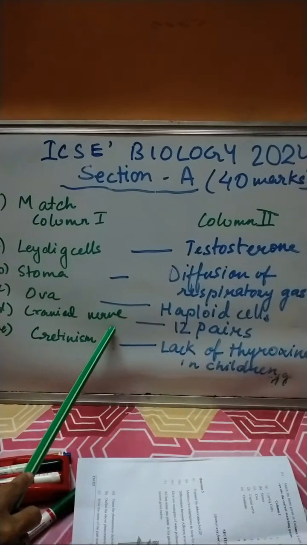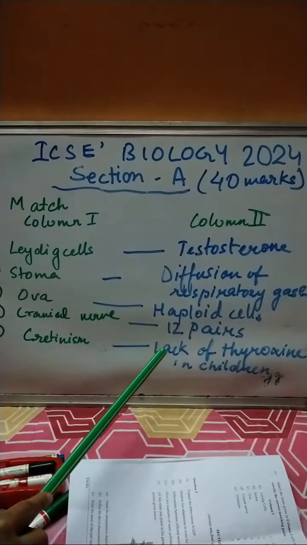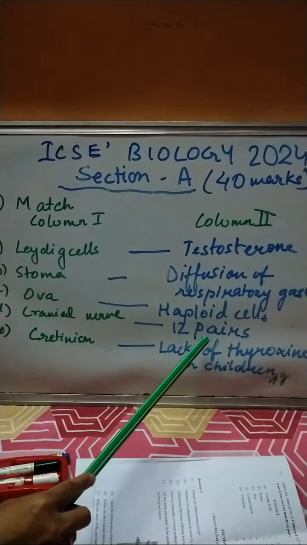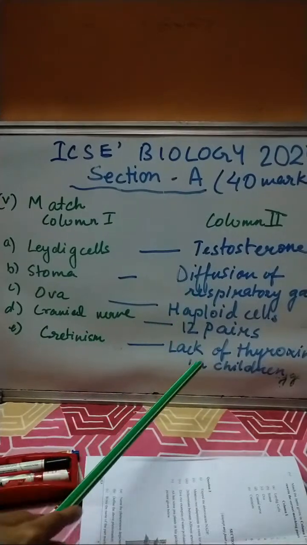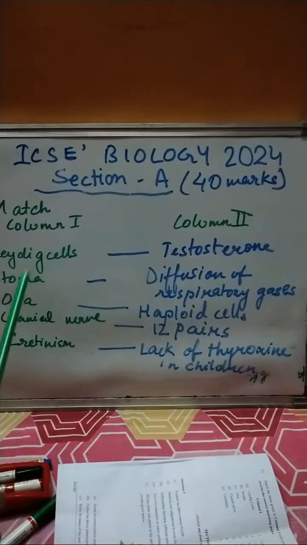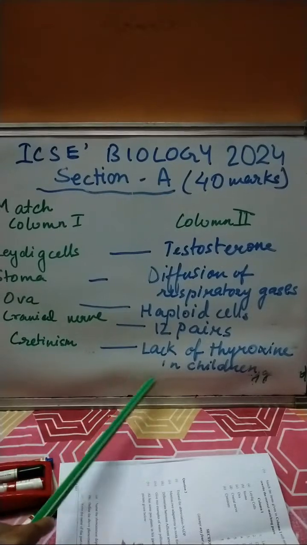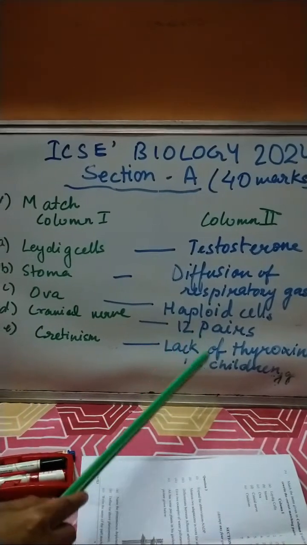Cranial nerve, again 2 options, 12 pairs and 31 pairs, so cranial nerve will go with the 12 pairs. Cretinism, there is only one option, that is lack of thyroxine in children. So these are the answers for the match the following.